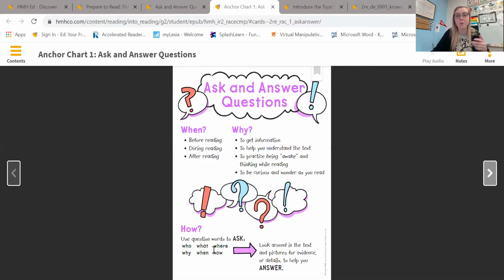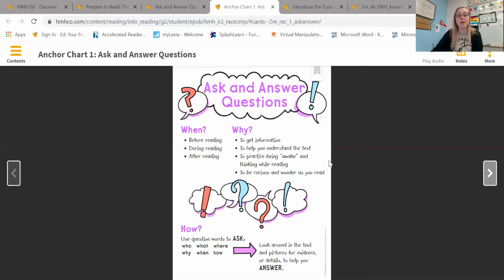What is happening? Where is the story happening? Why are they doing this? When and how? After you ask those questions before, during, and after reading, you look around in the text or the story and you look at the pictures for evidence or details to help you answer it. Sometimes we have questions in stories and sometimes they get answered and sometimes they're not answered.